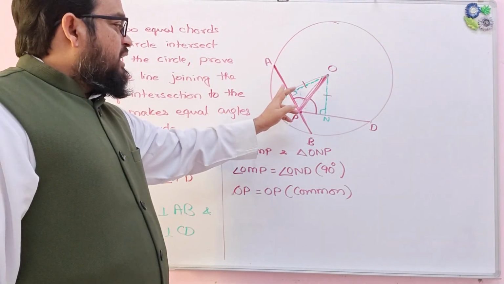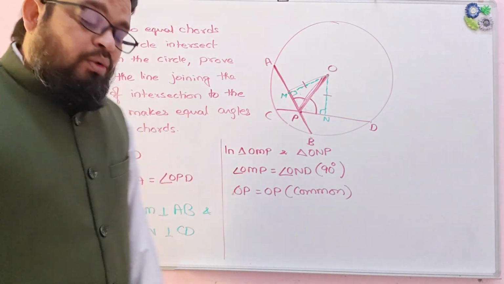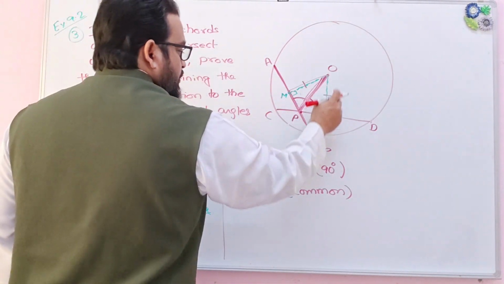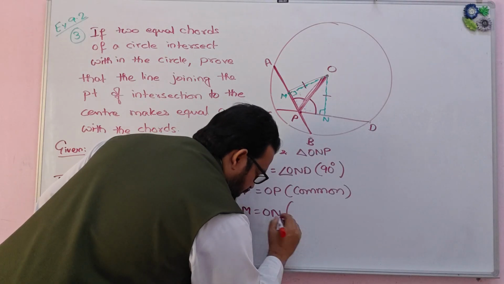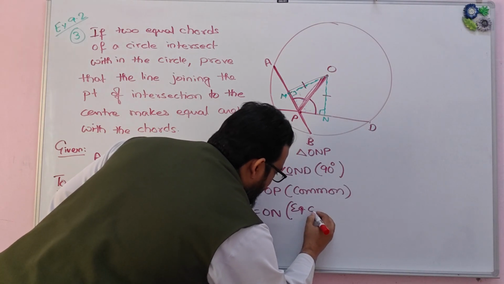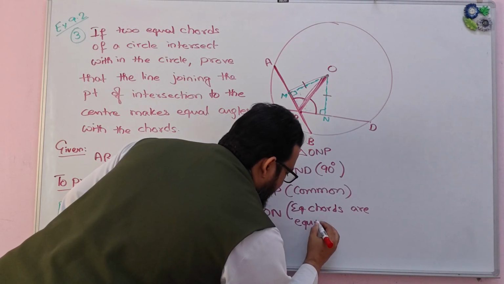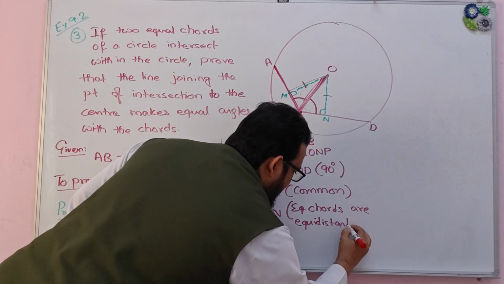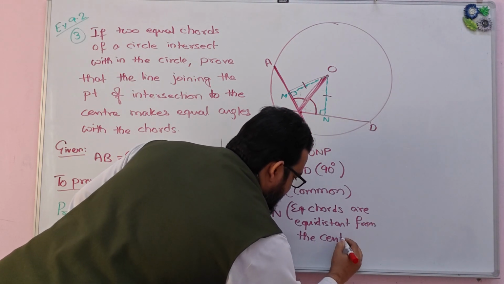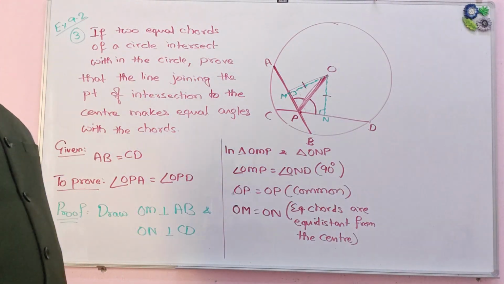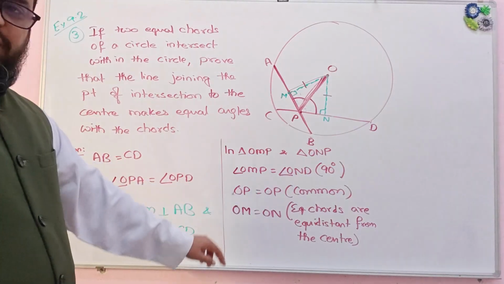So the distance from the chord AB to O and CD to O are equal. Therefore OM is equal to ON. The reason you have to write is: equal chords are equidistant from the center. If you write this, then you will get perfect marks. Okay, so now you have proved all three parts.